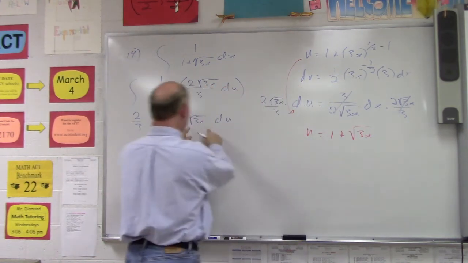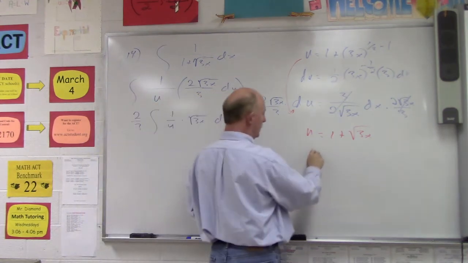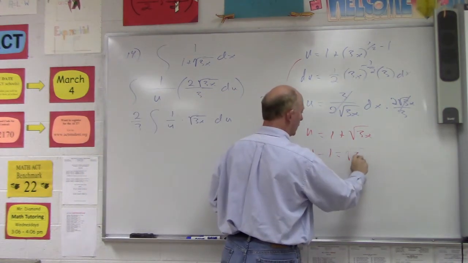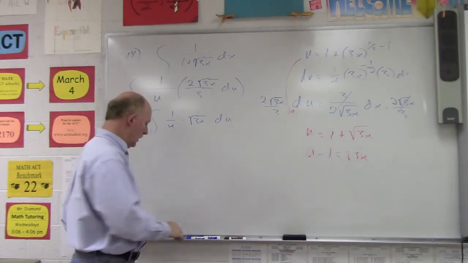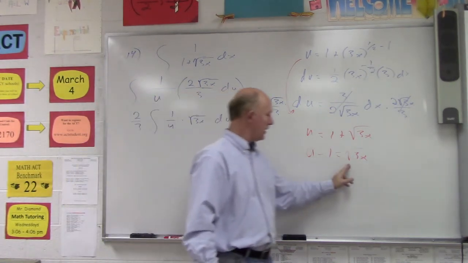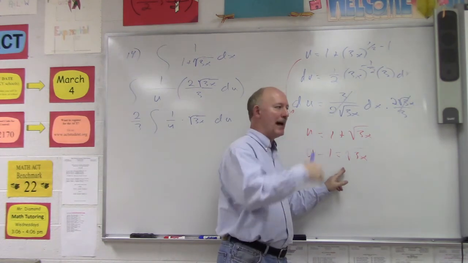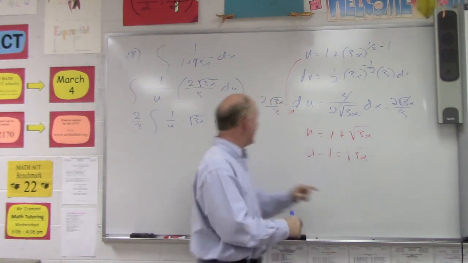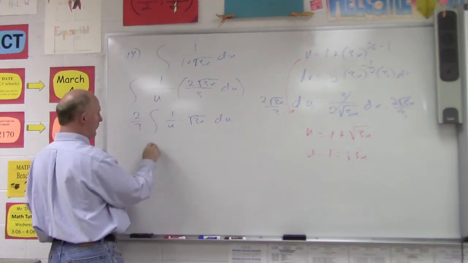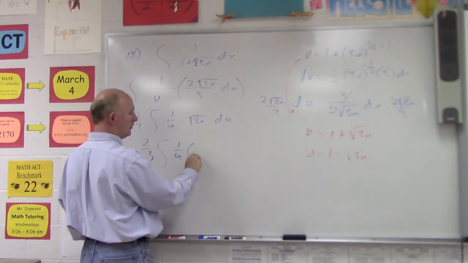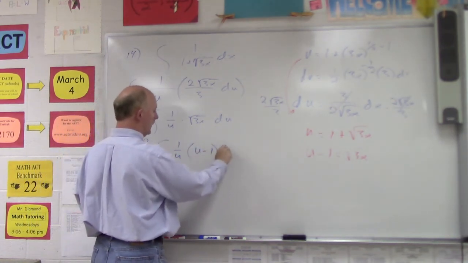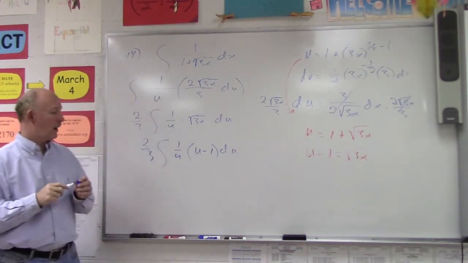I need to get rid of the 3x, so u minus 1 equals the square root of 3x. That's how I'm going to get rid of it. So I can substitute u minus 1 into our integrand for the square root of 3x. It becomes 2/3 integral 1 over u times u minus 1 du. So this is what our integral becomes.